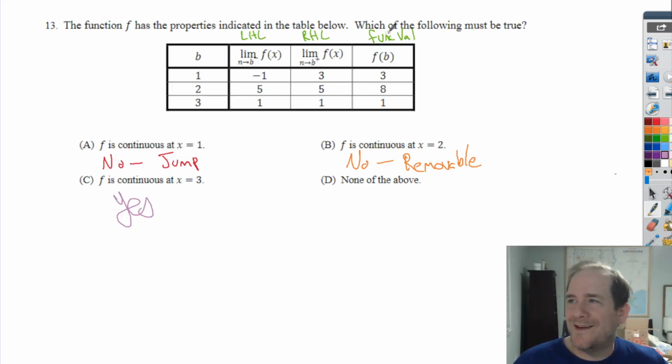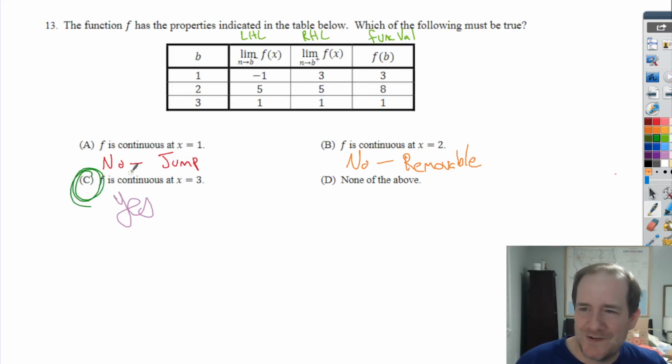Oh, sorry. I thought this was multiple questions, but it's actually just a multiple choice. So which of the following must be true? The fact that we're continuous here. So the answer was C. But you can see how this might be interesting to actually just treat all of these as separate questions, right? What do you know is happening at 1? Well, I can tell from the limits that I'm getting a jump discontinuity. What's happening at 2? I'm getting removable discontinuity.